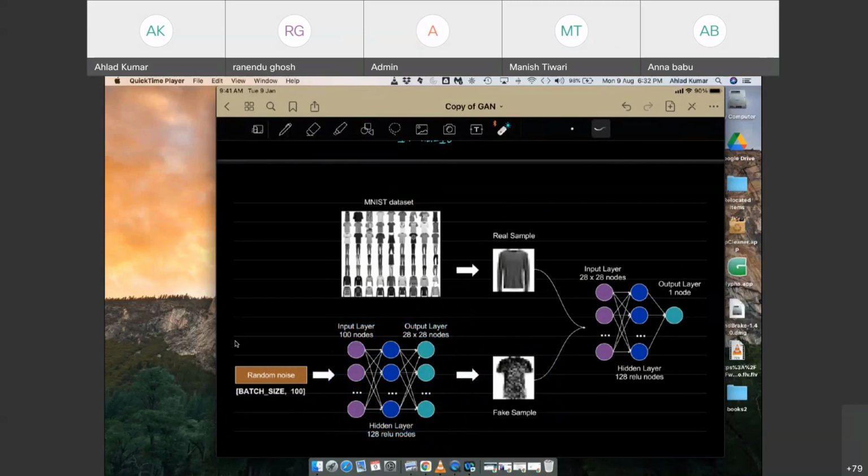But for this particular case, this is the thing. So here you have a fake sample. Again the discriminator is a neural network, and it tries to find out the difference between the real and the fake sample. This is just the same story repeated in terms of the MNIST dataset.